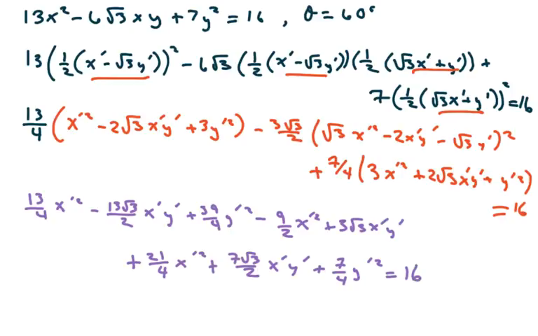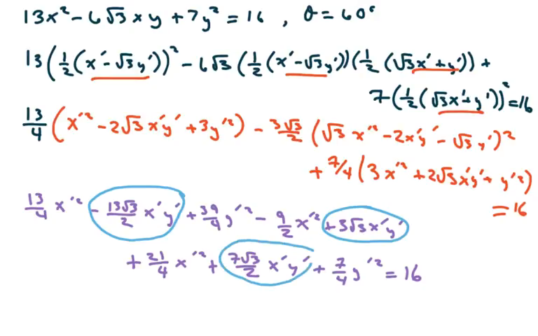Now the first thing I'm going to look at is my x prime, y prime terms. So basically I have 3 of these. I have this one, and I have this one, and I have this one. And when you add all these up, they're going to cancel.